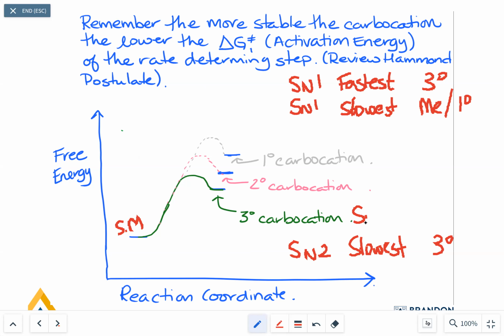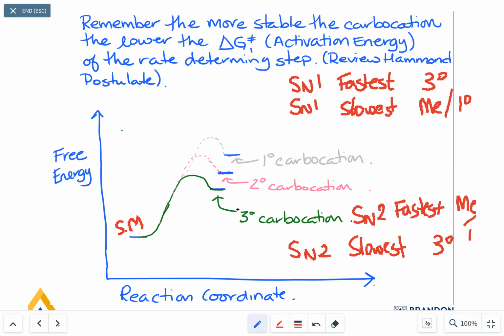And for SN2, the fastest is going to be methyl / primary. So what's fast for one is slow for the other, and what's slow for one is fast for the other. So this is super helpful.